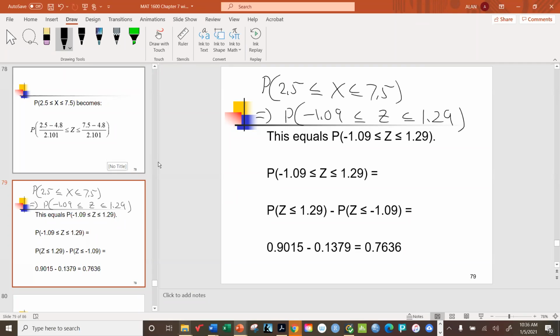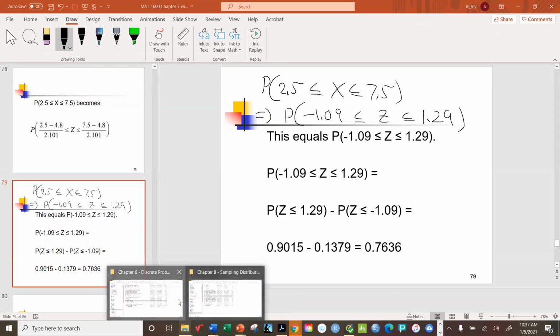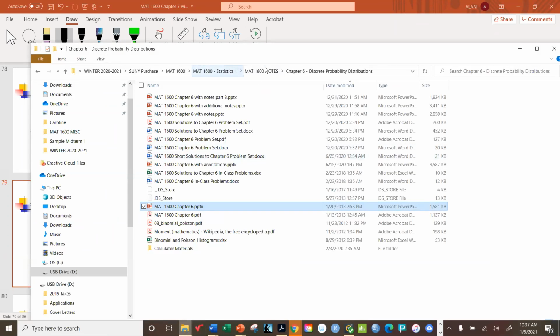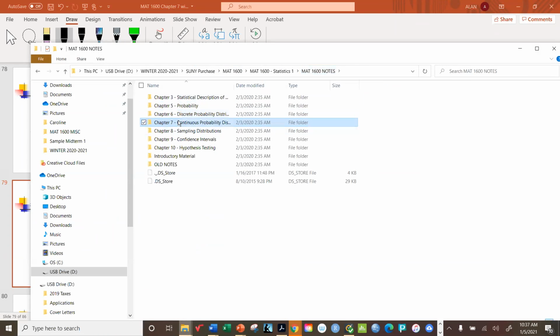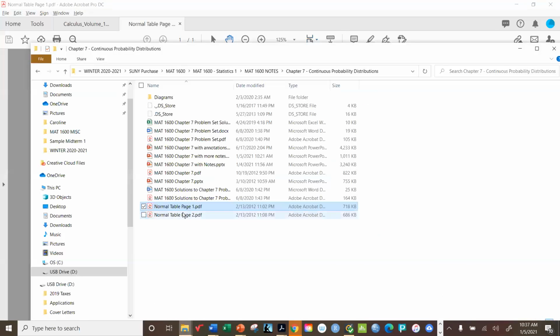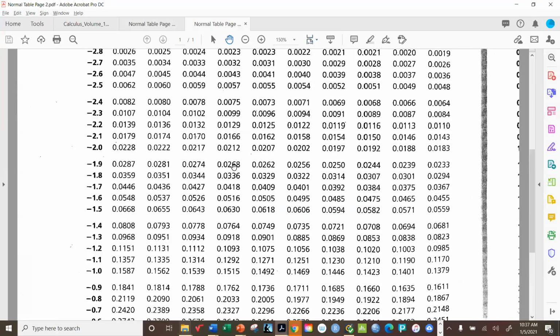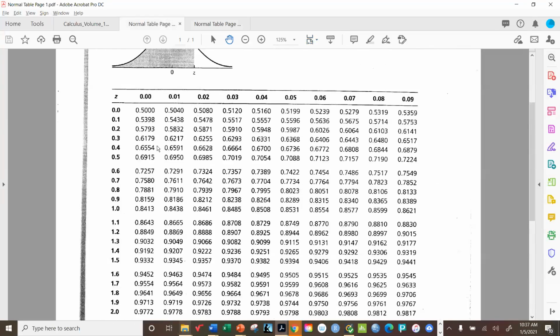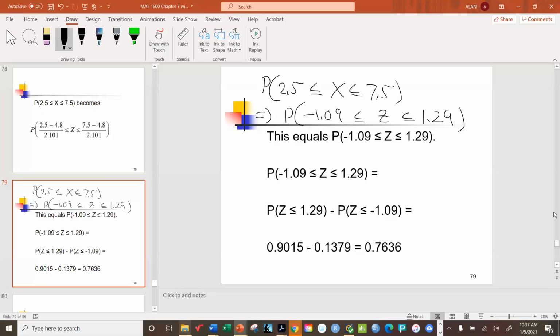All right. Now, remember, this is an in-between calculation. If you go to the chart and look up 1.29, let me go find that chart. Okay, so for the positive side, we're being asked to calculate the probability that z is less than or equal to 1.29.